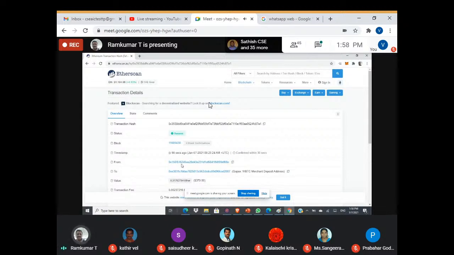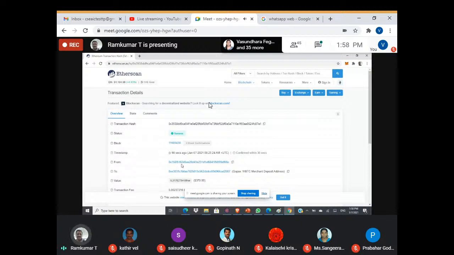Because of this identity issue. Nobody knows who that account holder is. Because of that reason, the Indian government is not accepting these cryptocurrencies.